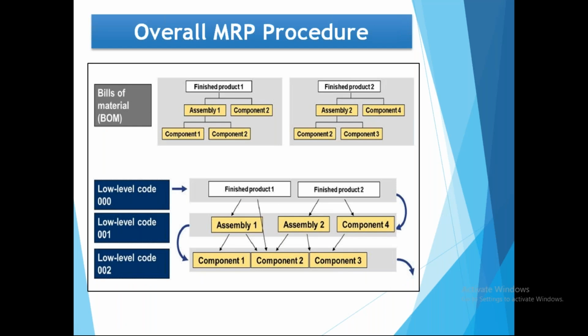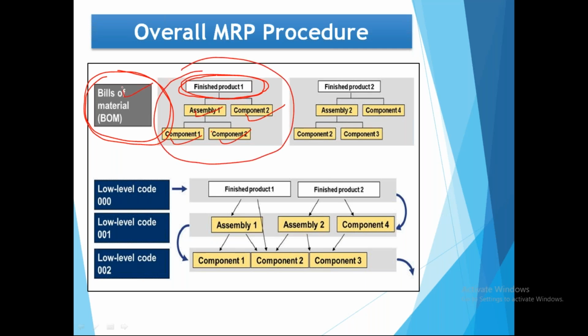Basically MRP works on the bill of material. In the PP module they use the bill of material. Bill of material means, to produce a product, let's say I want to manufacture a product in my company, I need some input materials. These materials they will put in the bill of material.